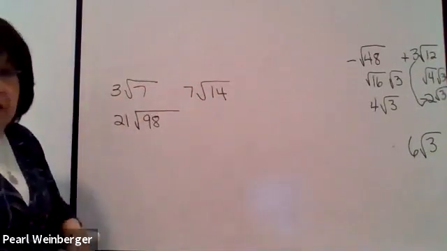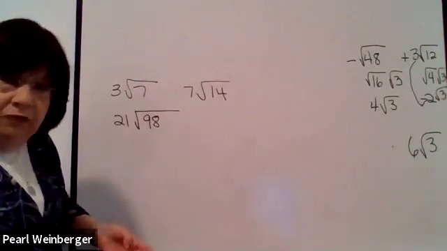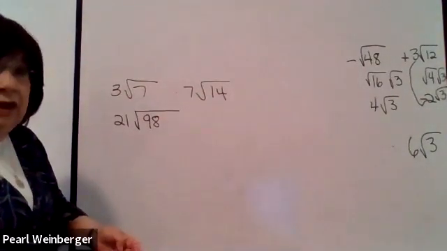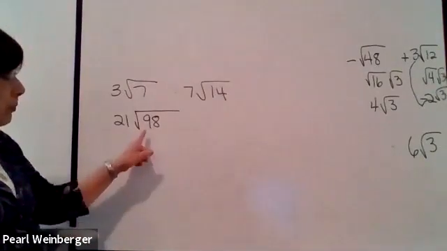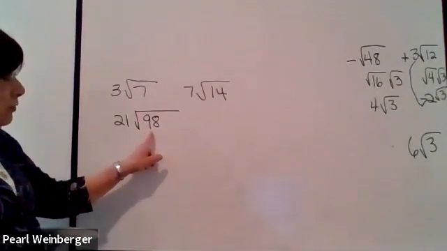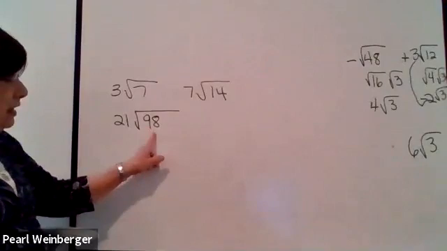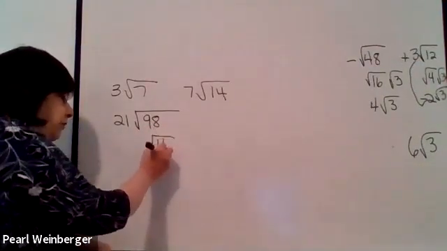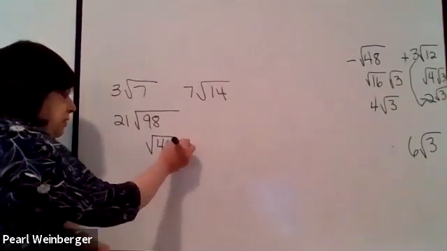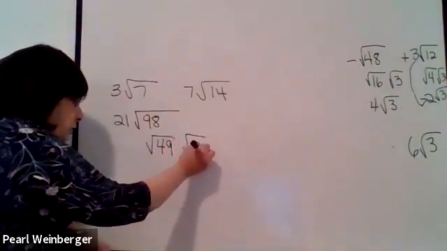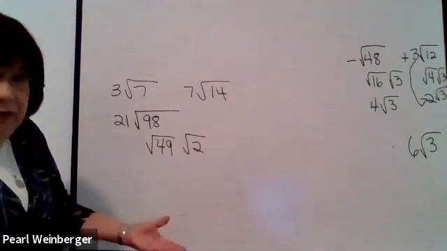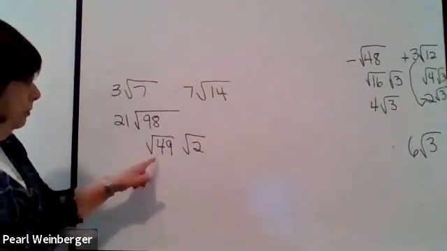The only thing that's left to do is simplify, because usually what we would like to do is give our answer in simplest form. Now, if you notice, if you were to divide this 98 by 2, you would have gotten 49, and 49 is a perfect square. So this would be the square root of 49 times the square root of 2. In other words, we're doing exactly what we learned before, simplifying the radical.